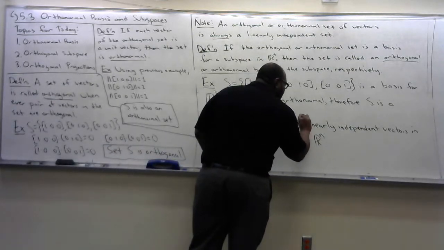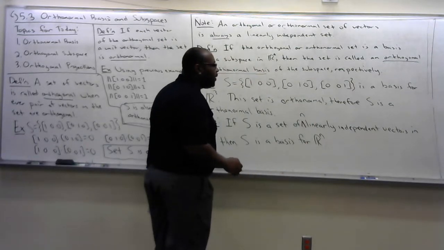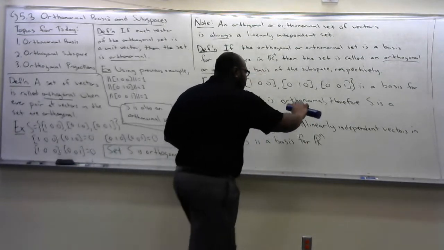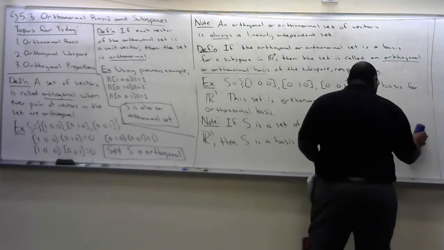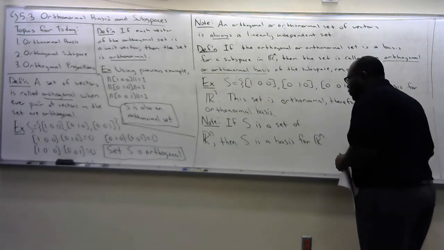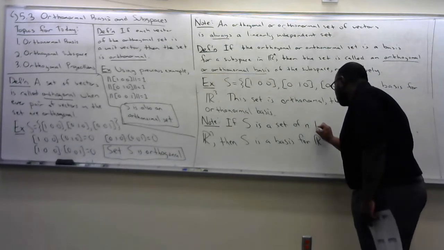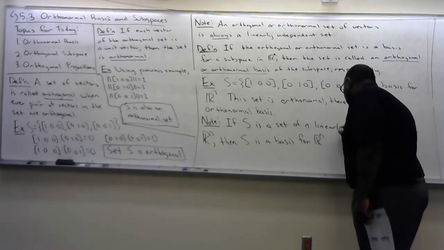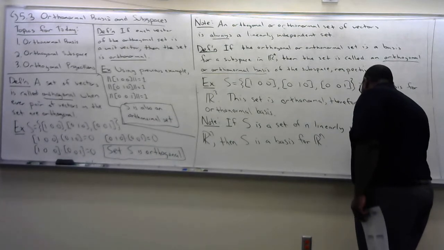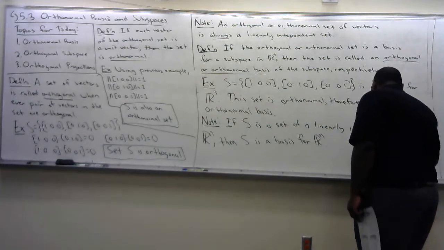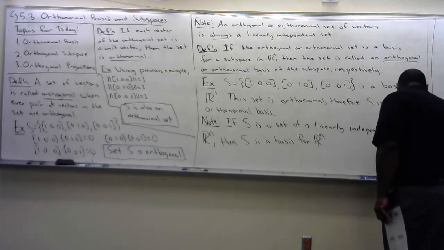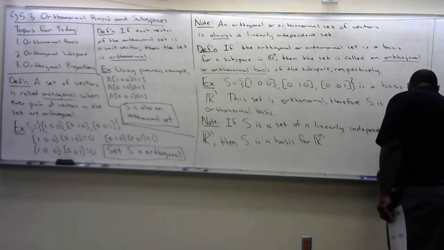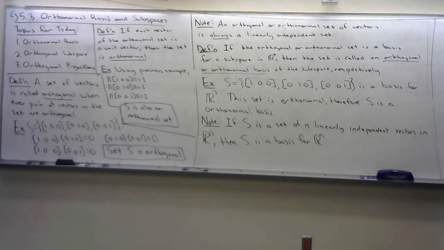So if S is a set of n linearly independent vectors in Rn, then S is a basis for Rn.